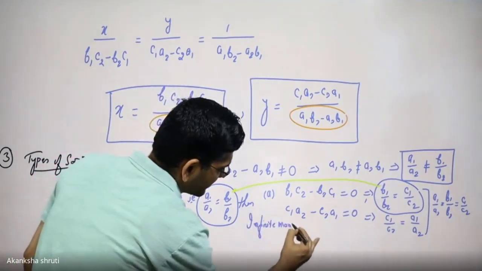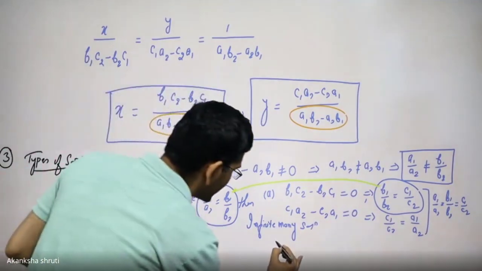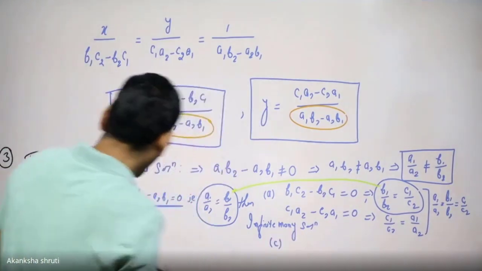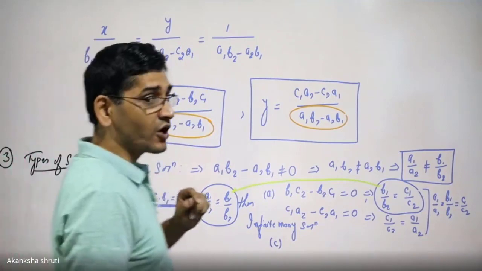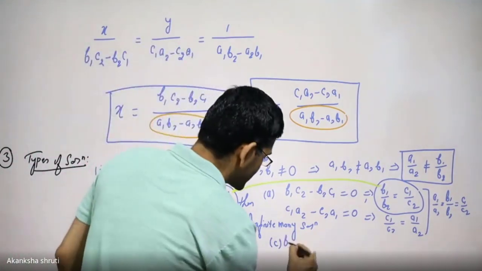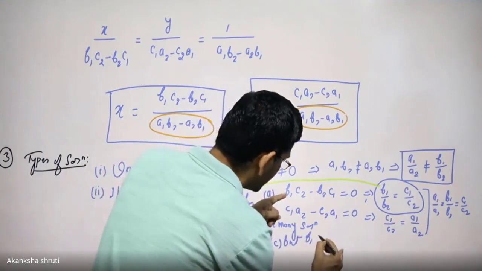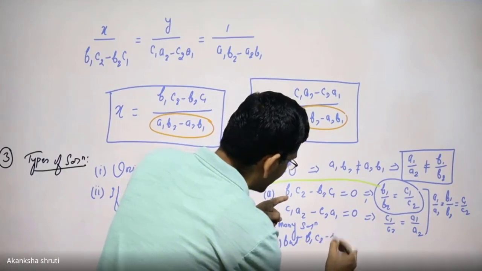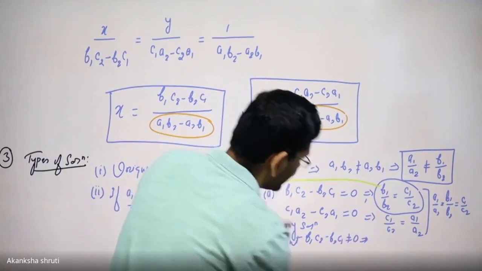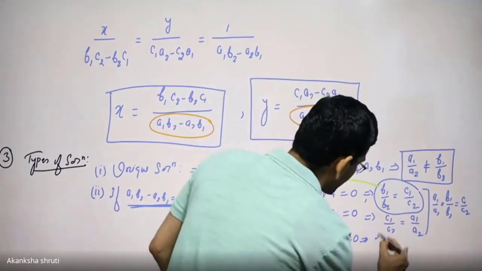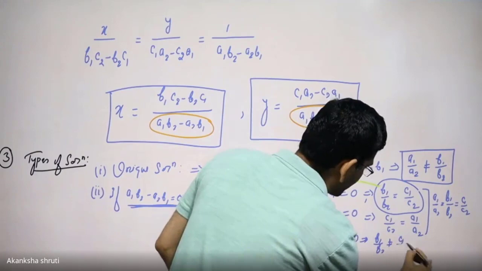Third situation: where this denominator is 0 but the numerator is not 0, say B1 C2 minus B2 C1 is not equal to 0. This will give us B1 by B2 not equal to C1 by C2.